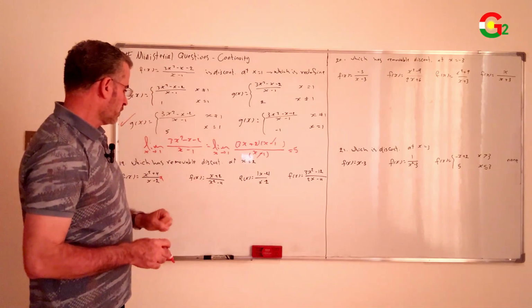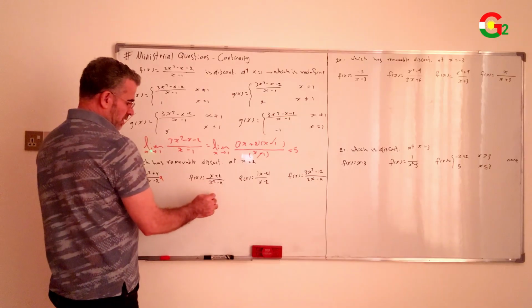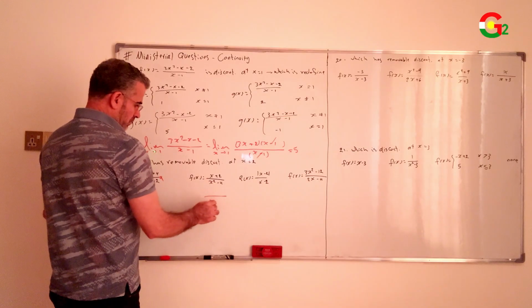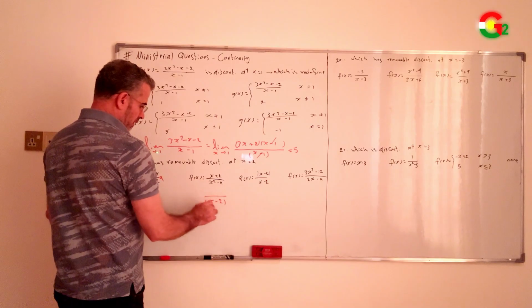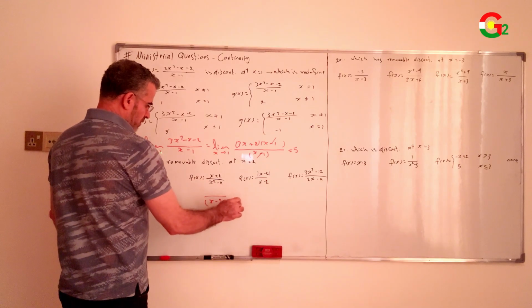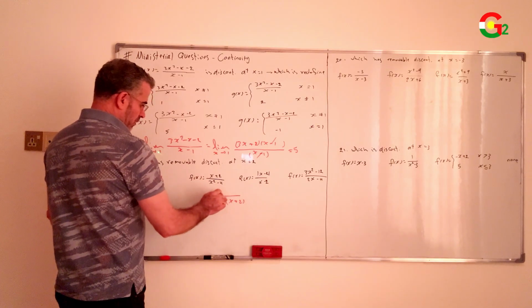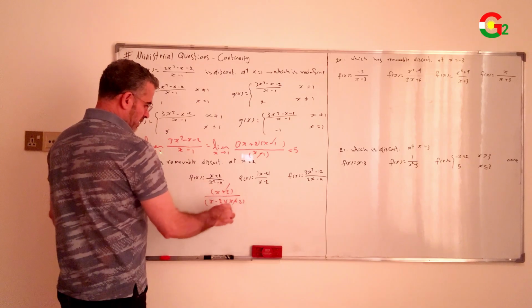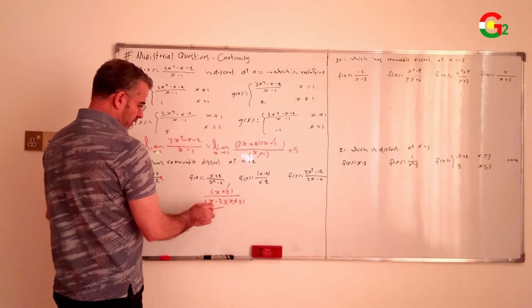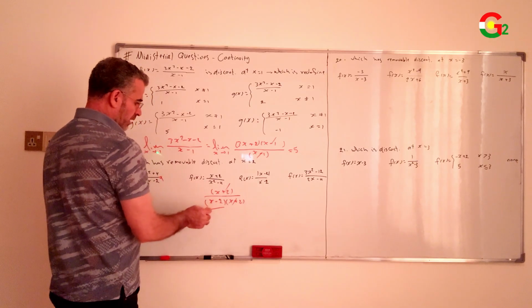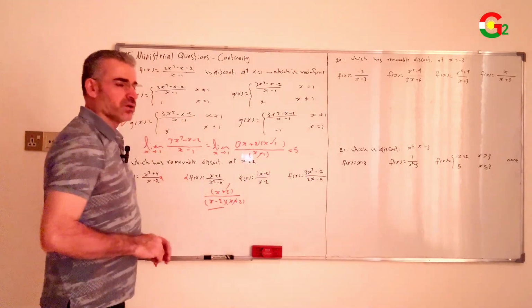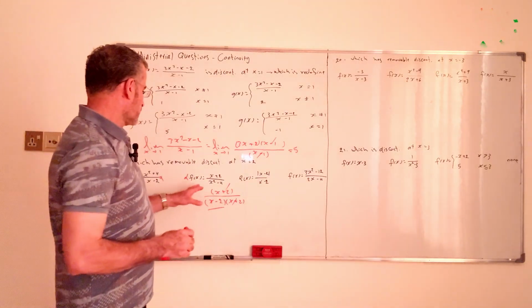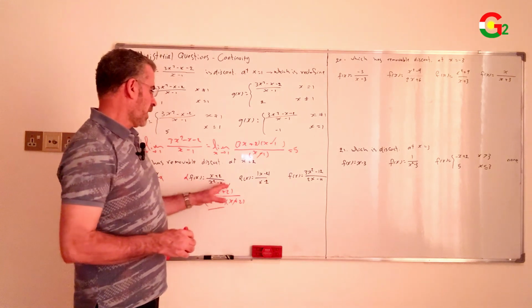For this function also, if we analyze the denominator, difference of 2 squares, then we have (x - 2)(x + 2). If we reduce x plus 2 with x plus 2, still we have x minus 2 in the denominator and 2 minus 2, 0. Therefore, this function also does not have removable discontinuity at 2.